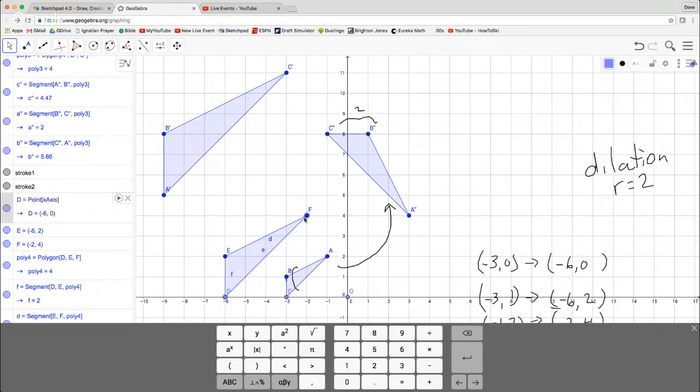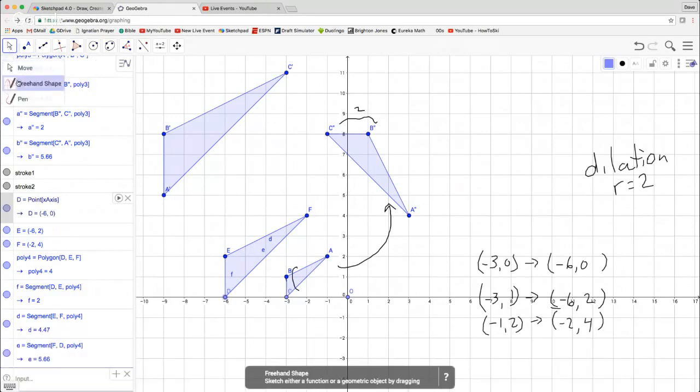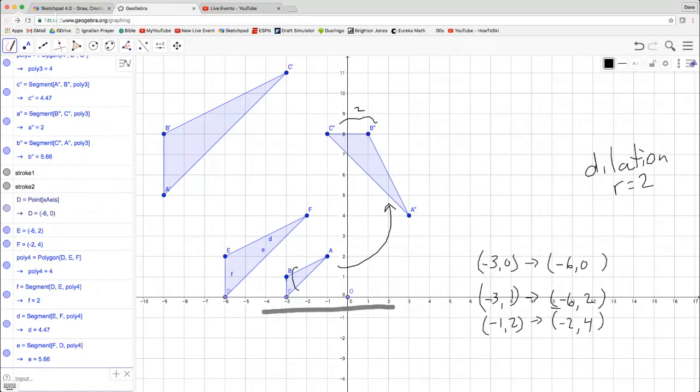Why don't we match up this A double prime? Because if we just translate this triangle here to the right, 6 units, or 5 units, 1, 2, 3, 4, 5, then this will be straight on top of this one.